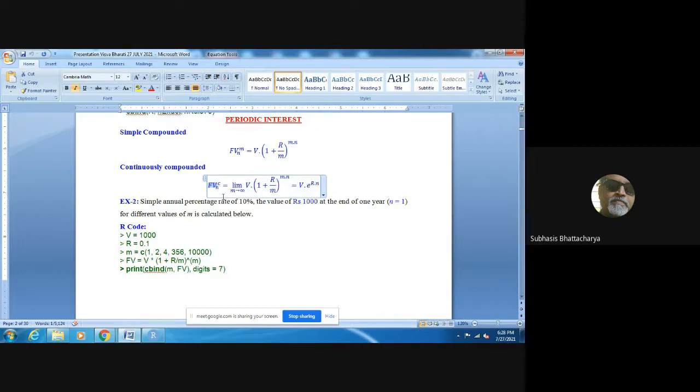That is, if the interest rate is compounded in terms of n years. For example, suppose I give you one problem: annual percentage 10%, the value of 1,000 at the end of 1 year.